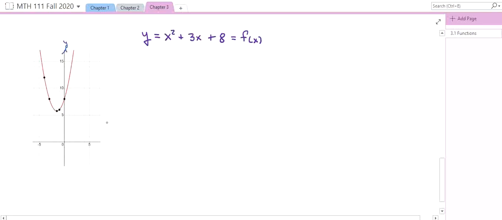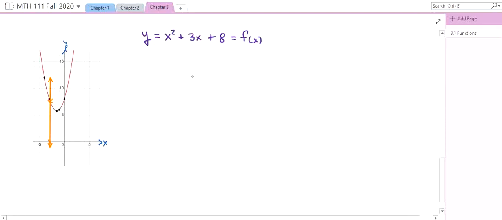This is the y-axis. This is the x-axis. You can see that if I do a vertical line test, that if I cross the x-axis, or for any point on the x-axis, I only cross the graph once. You could put in any number of vertical lines here you want. So this, in fact, yes, definitely is a function.